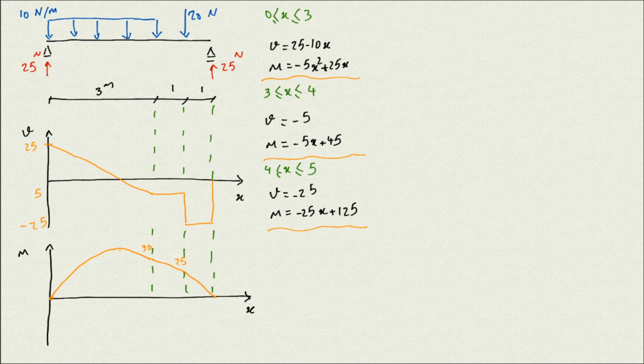Now there are a couple of points that I want to mention here about what we have, and these points generally can be used as a guide, sometimes to check what we have done and what we get. One of the very first things you probably need to look at is the very beginning and the end of the beam.